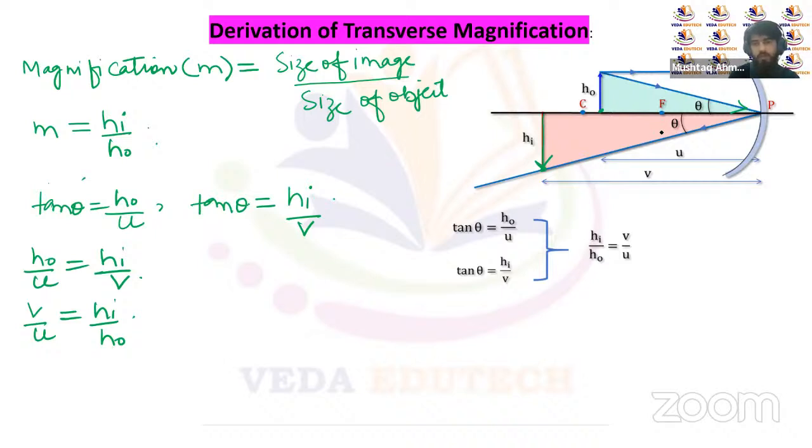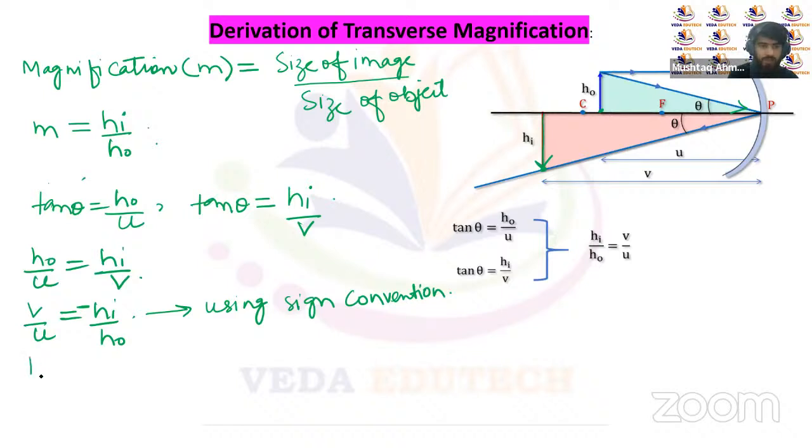Now you can see here, the height of the object above the principal axis will be taken as positive, and the height of the image below the principal axis will be taken as negative. So using sign convention, we have to take the value of hi as minus hi.